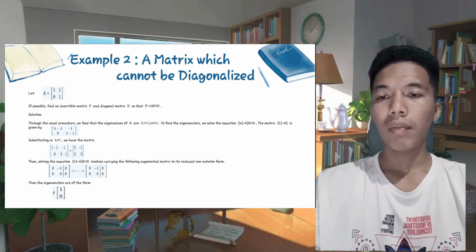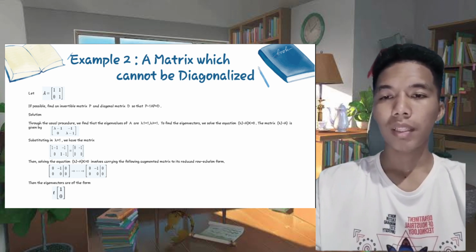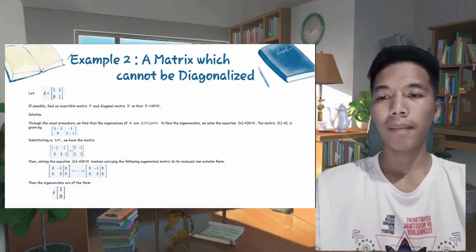To find the eigenvectors, we solve the equation (λI minus A)x equals 0. The matrix λI minus A is given by λ minus 1, negative 1; 0, λ minus 1.